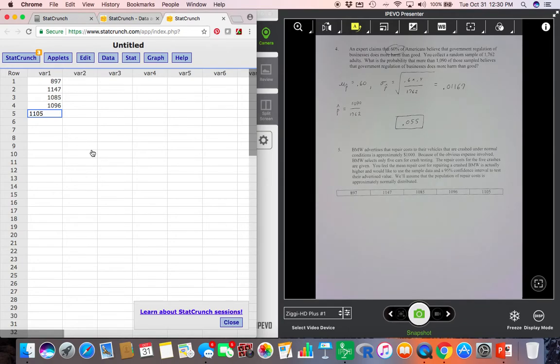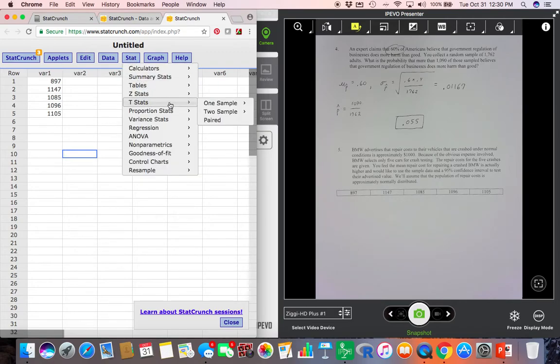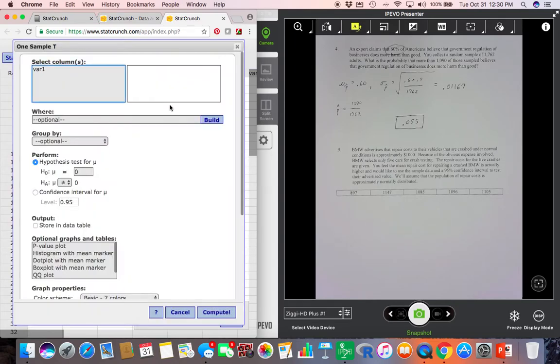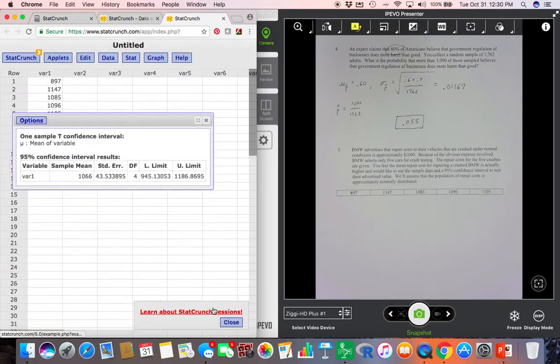All right. So since the population standard deviation is not given, I'm going to use the t-distribution, one sample, and guys, I have my data. So I'm going to select that. I am going to do a confidence interval, 95%, and I'm going to compute.